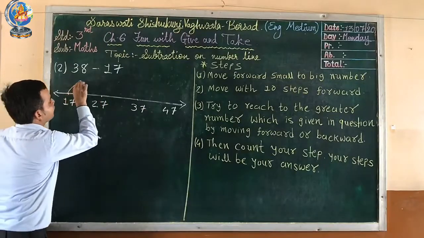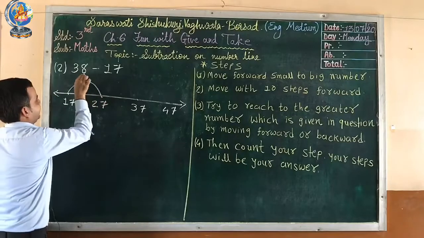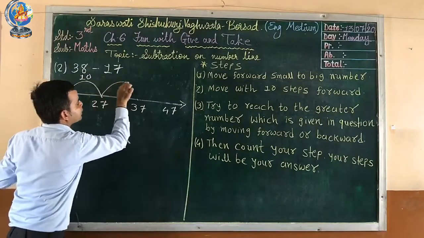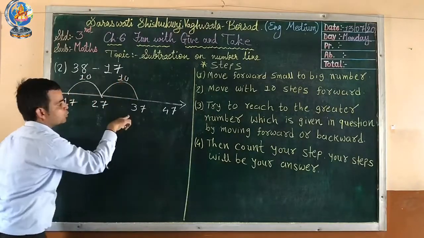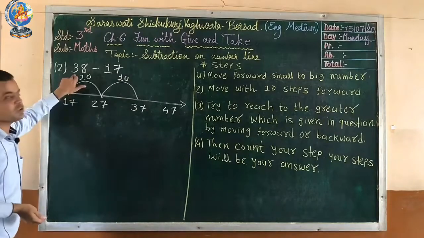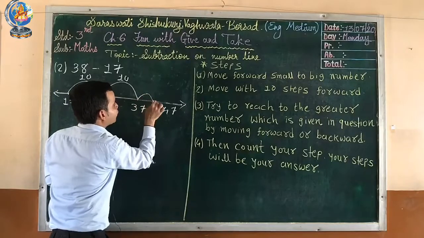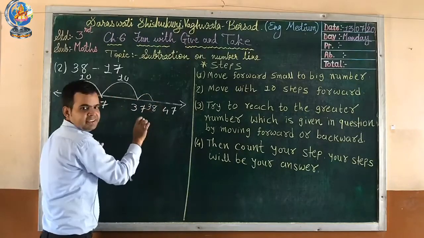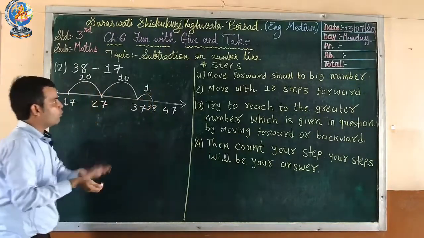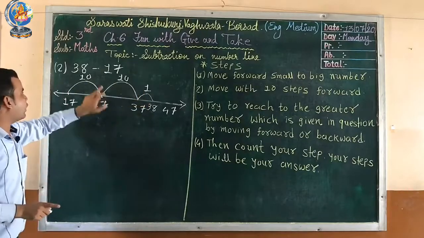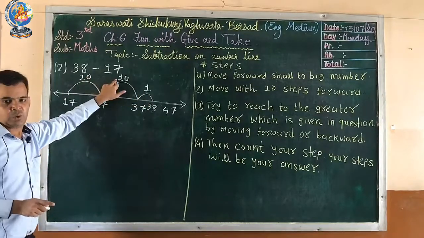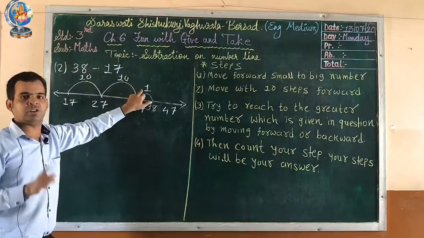Now let's do it. How many steps did we jump? 10. Again we jump 10 steps, and we reach 37. Now we have to reach 38, so we move one number and write 38. How many steps did we jump? 1. Now if we add 10 plus 10, that is 20, 20 plus 1 is 21.